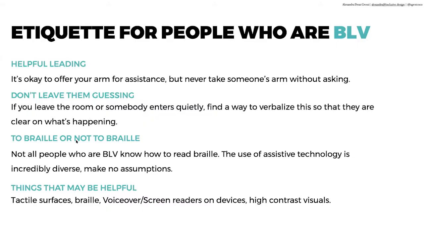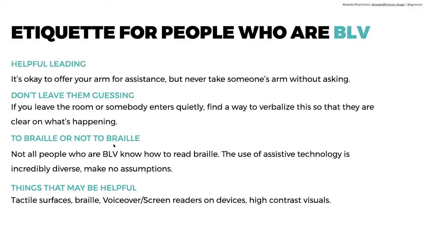And again, don't assume anything. Not every blind person knows Braille. There are so many different types of visual impairments and visual disabilities that you don't even know. Some people find it very helpful to have high contrast, very large text. Some people have a type of disability that's kind of like a pinhole, so they need things to be really small to fit within the range of vision.